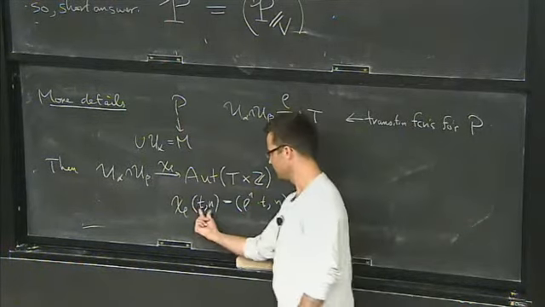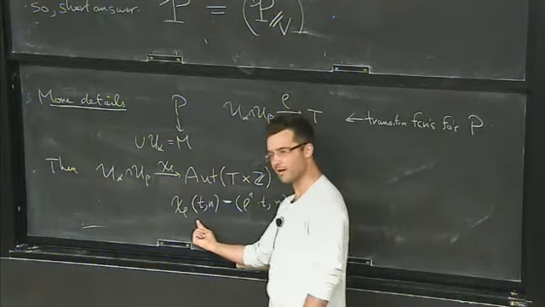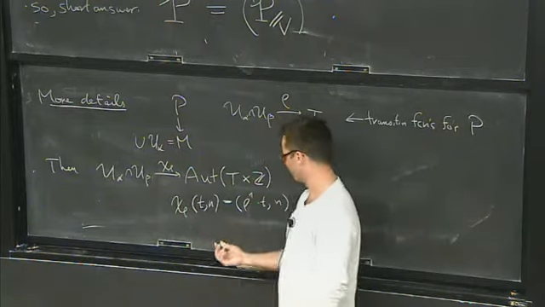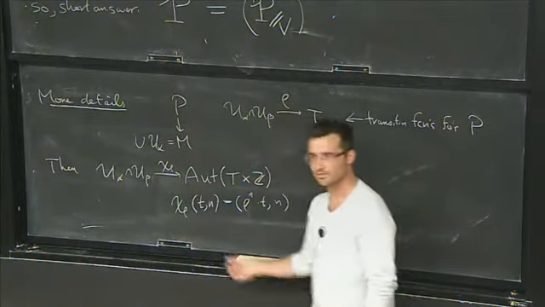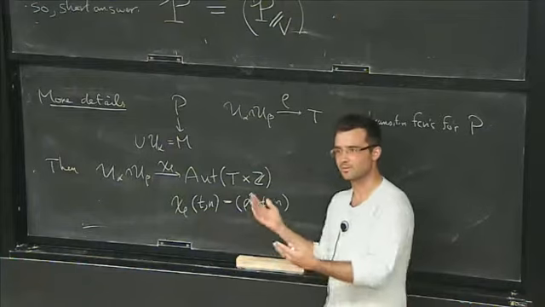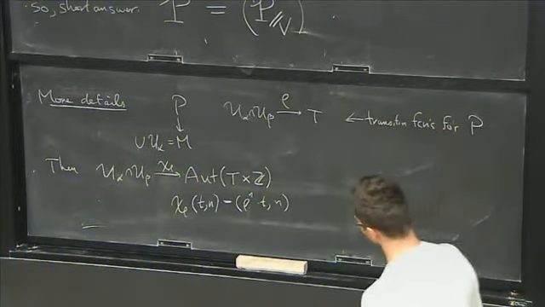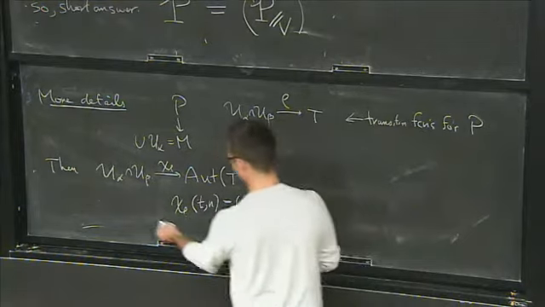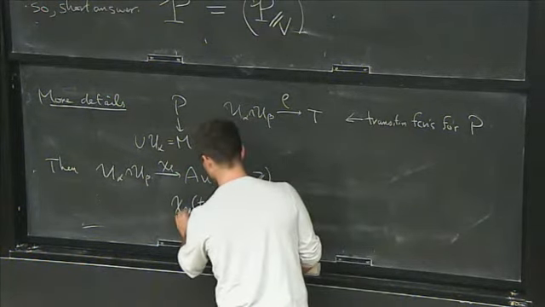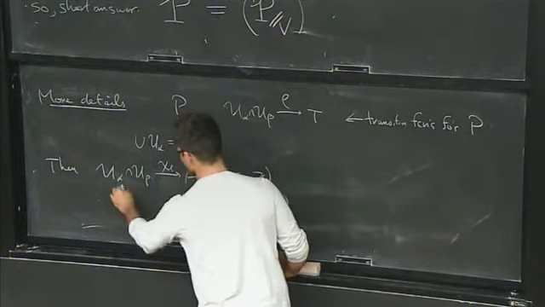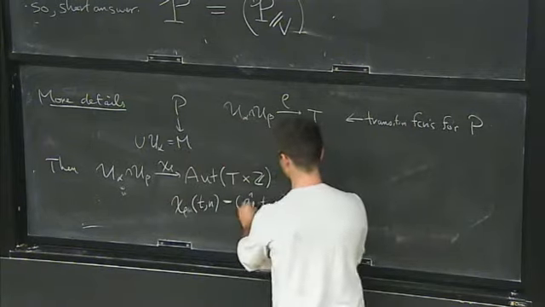It's kind of funny the first time you see this, but this is actually a group homomorphism. If you took the T, N, and you took a T prime, N prime, and multiplied them together, and then applied chi rho of it, that would be the same as first applying chi rho to each one and then multiplying. It's a homomorphism. Funny looking one maybe, and I'm omitting the point, it should be rho of some point U in there, but I'm just going to omit it.